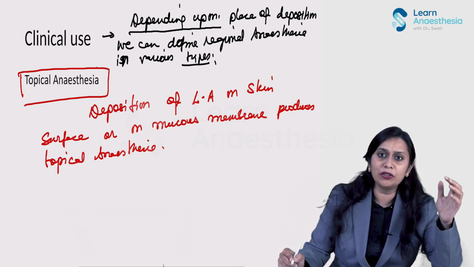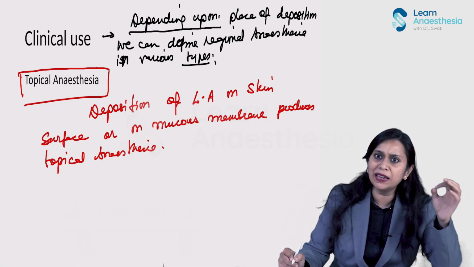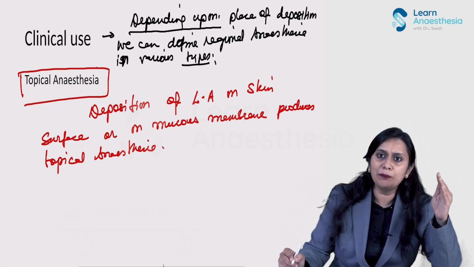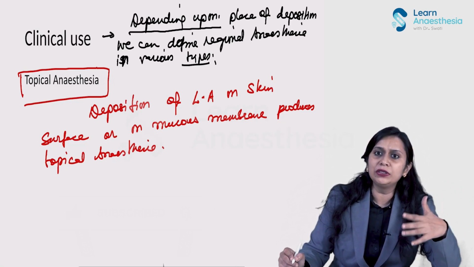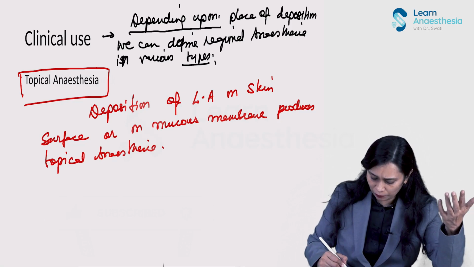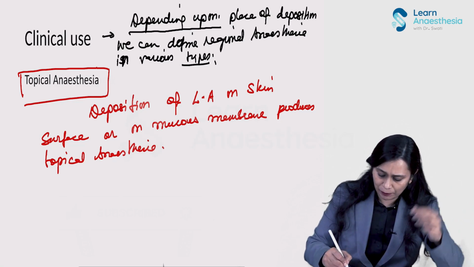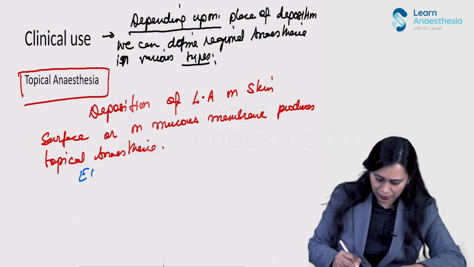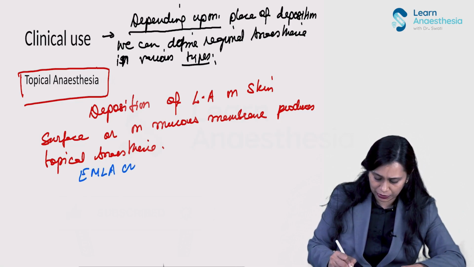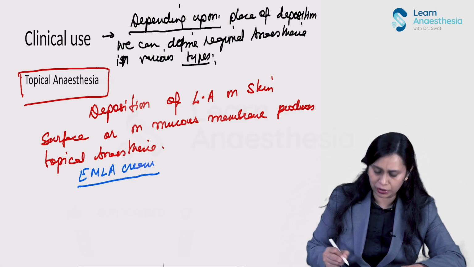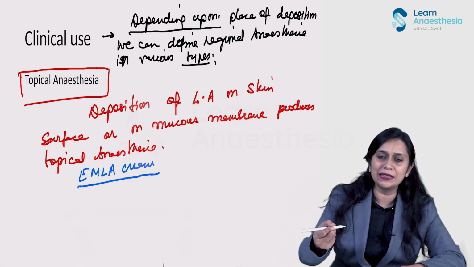Skin is a keratinized layer, and penetration of the drug through skin is very tough. But one combination, which I specially want to mention, is something called EMLA cream, which is a special preparation for skin topical anesthesia. This is not used on mucous membrane.